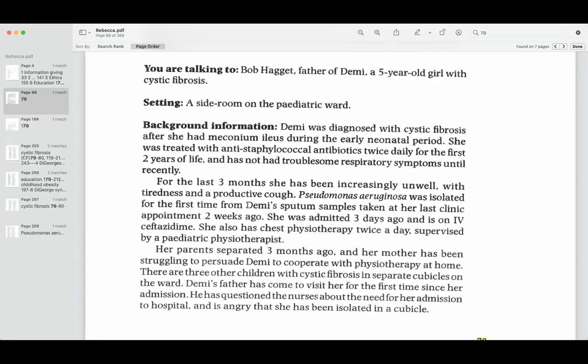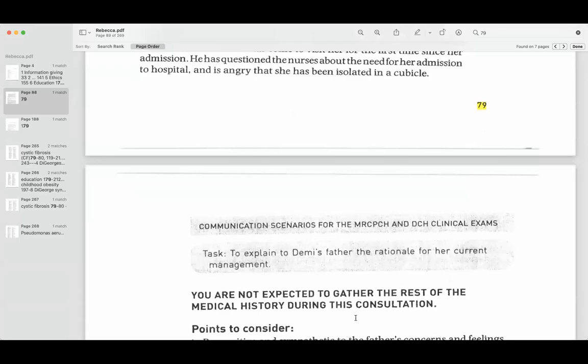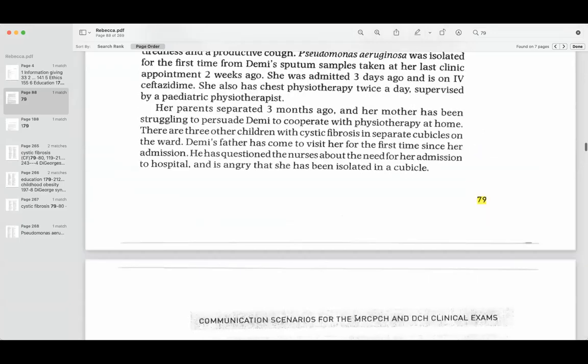So she is unwell, tired, with productive cough. 2 weeks ago her sputum sample was taken and she was admitted 3 days ago, once Pseudomonas was isolated, and started on IV antibiotics, and she's on chest physiotherapy under the pediatric physiotherapist. Now the problem is the father came and he's angry that the child is kept in a cubicle. You have to explain this.